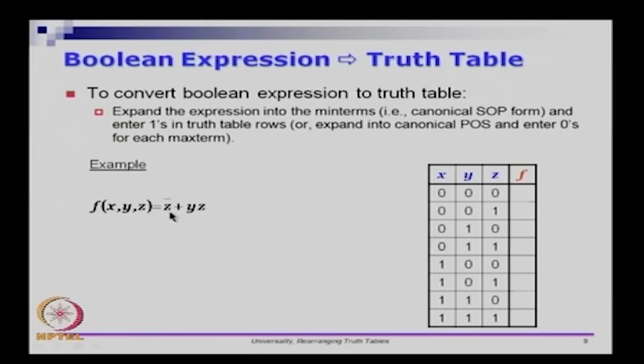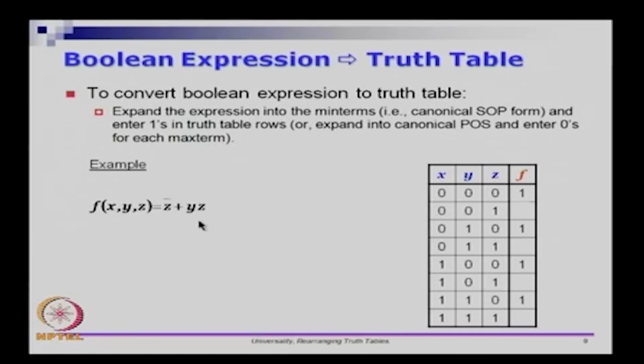So if z is 0, f becomes 1. Wherever you see z equals 0, put f equals 1. There are 4 places where z is 0, this row, this row, this row and this row. That takes care of z bar.